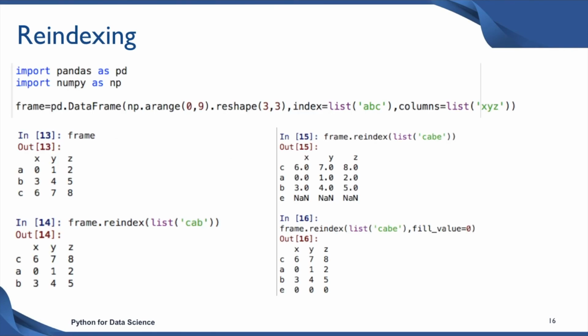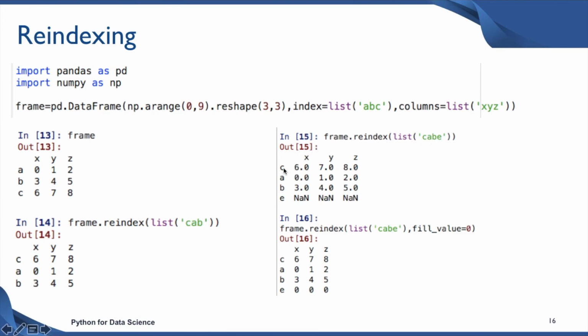Now here the reindexing works in a similar fashion to what we have already seen in the series object, right? Here also we have our data frame, and in this data frame we want to reindex. This reindexing can be done by using the reindex method and specifying the correct position of the index.